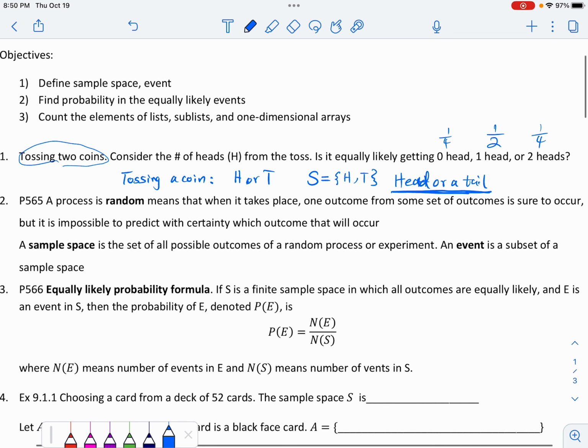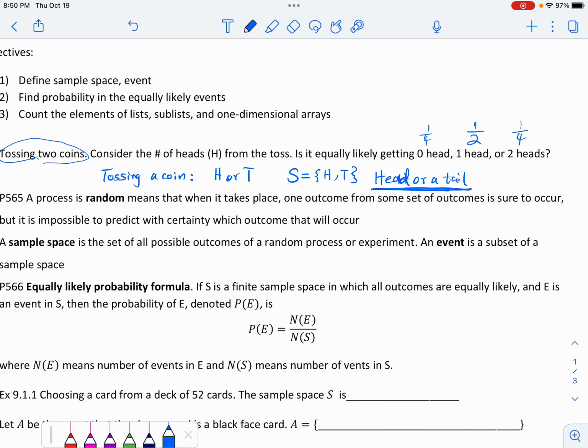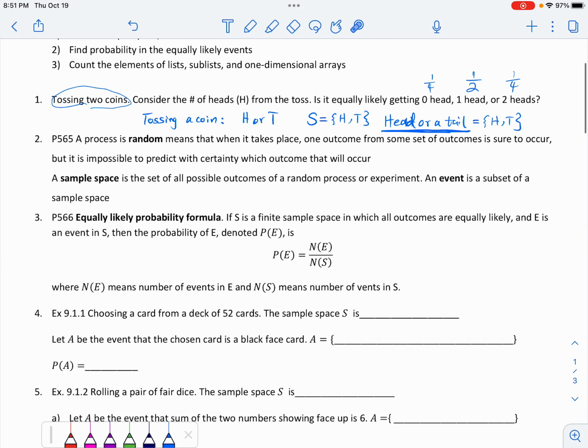This event is not a simple event, it's a complex event because it contains getting a head or tail, which is still a subset of the sample space. So this is still one event. So we have seen a few examples of events.